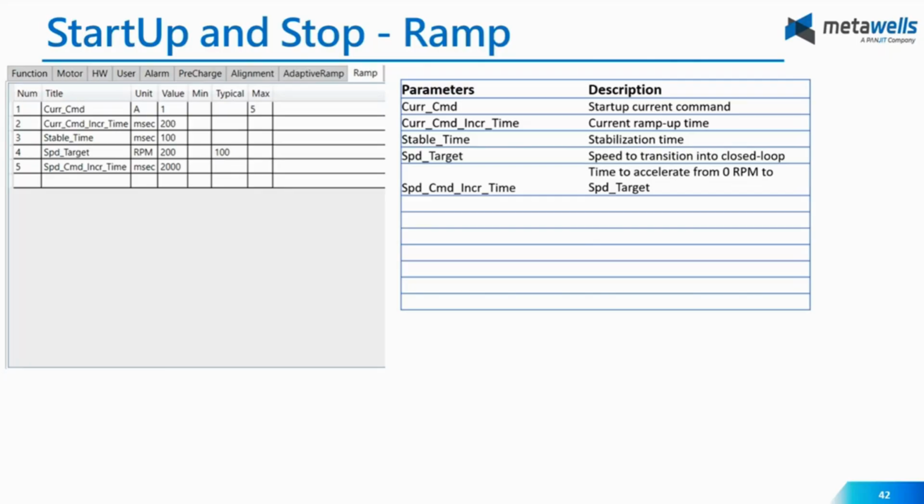The typical value shown in the GUI you can use as a reference. Usually, this value is set to around 5 to 10% of the maximum operation speed of the motor.